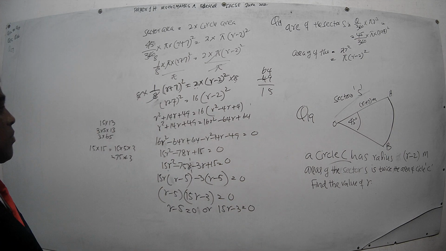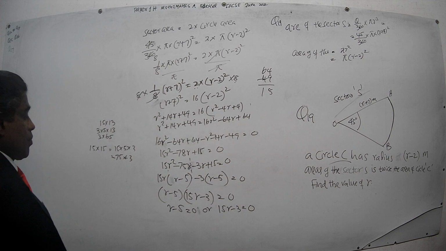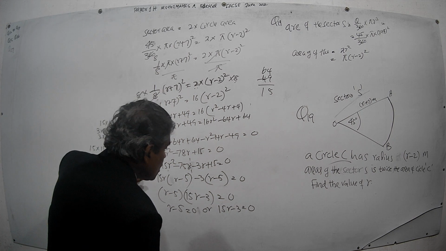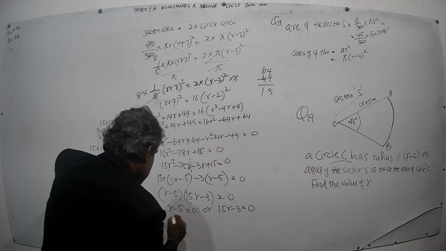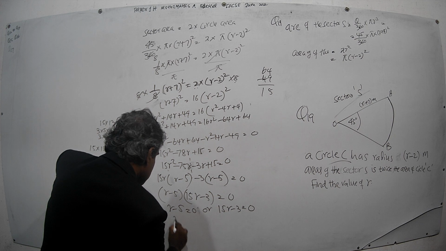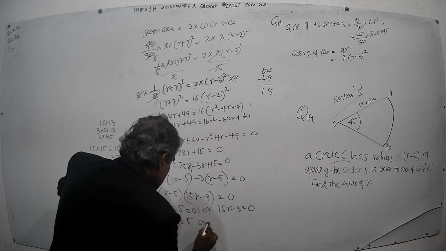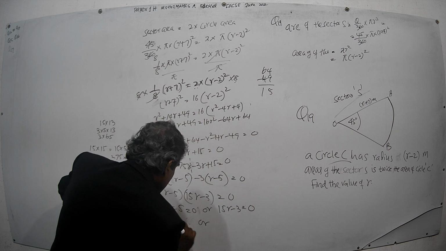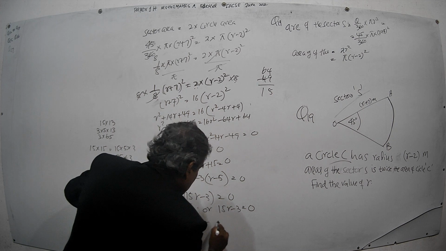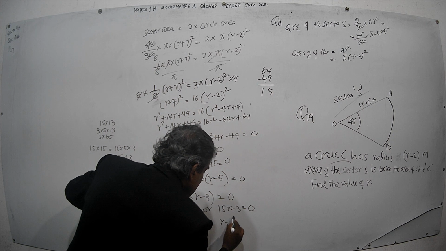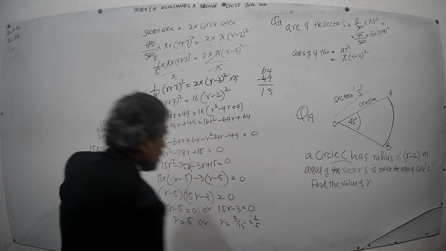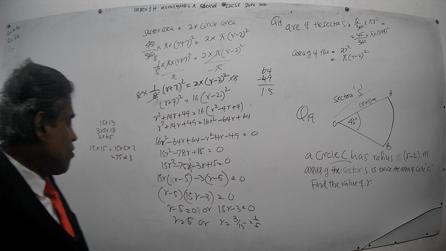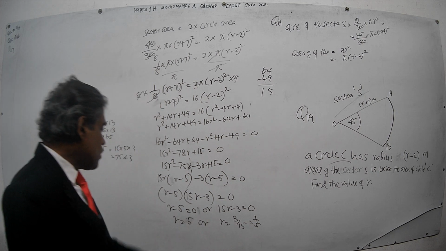So r equals 5 or r equals 3 over 15, that means 1 over 5. Then there are two possible values for r. One value is 1 over 5, the other is r equals 5.